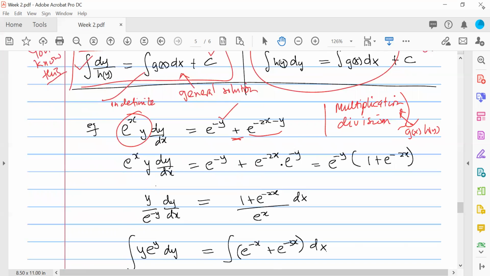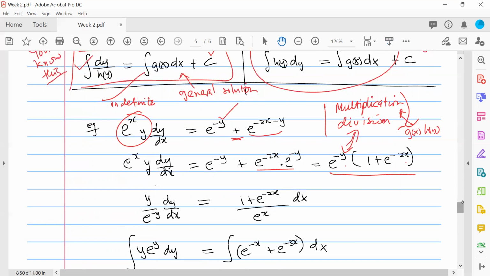We use now the laws of exponents. And by doing so, I now see that e to the power minus y is common there. And I factorize it out. And I have some form of product now where I need to use my division and multiplication to separate the variables.